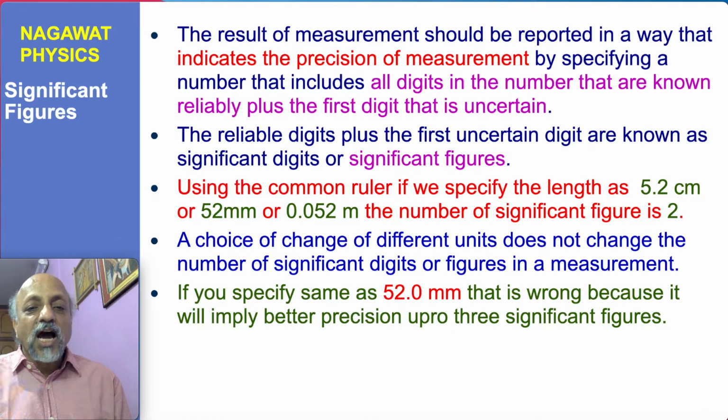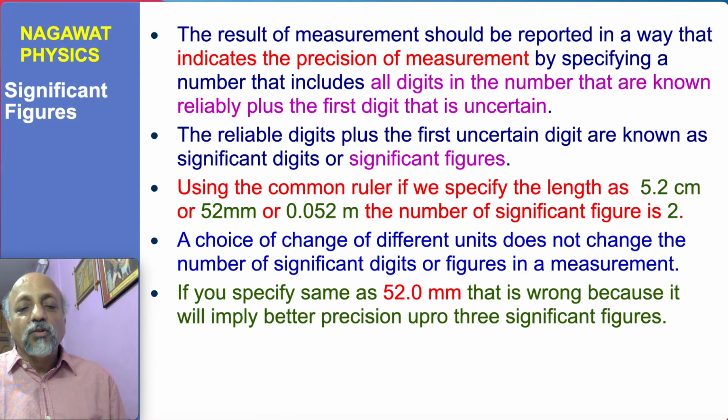Numerically you can argue that 52 millimeter is the same as 52.0 millimeter, but you are not allowed, because 52.0 millimeter indicates 3 significant figures and 52 millimeter indicates 2. With a ruler scale the least count is 1 millimeter, so in 52, the 5 is the reliable digit and the 2 may involve some error, because the least count is of the order of 1 millimeter.